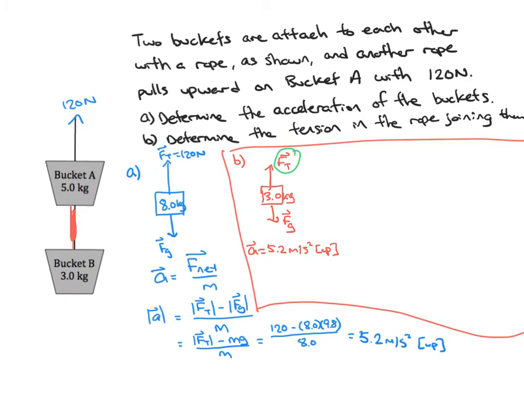So since I'm finding out a force, I'm going to use the F net equals ma version of Newton's second law. Keep in mind that we're using 3 kilograms for the mass this time. The net force is going to be the tension take away gravity in magnitude, equals ma. And then isolate for the tension.